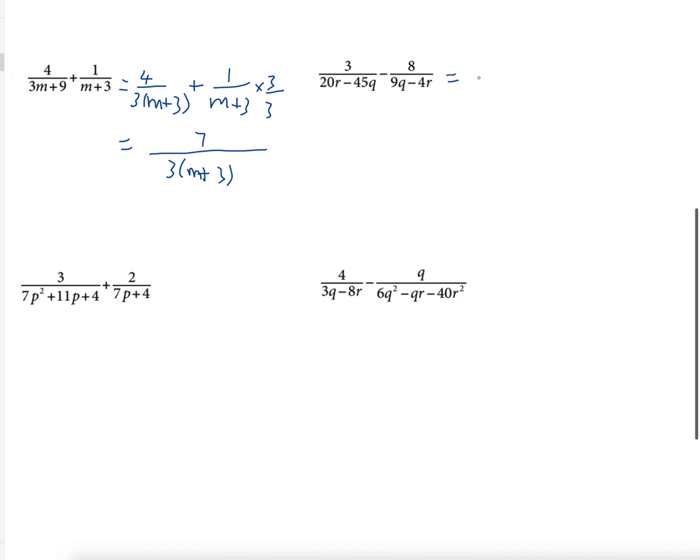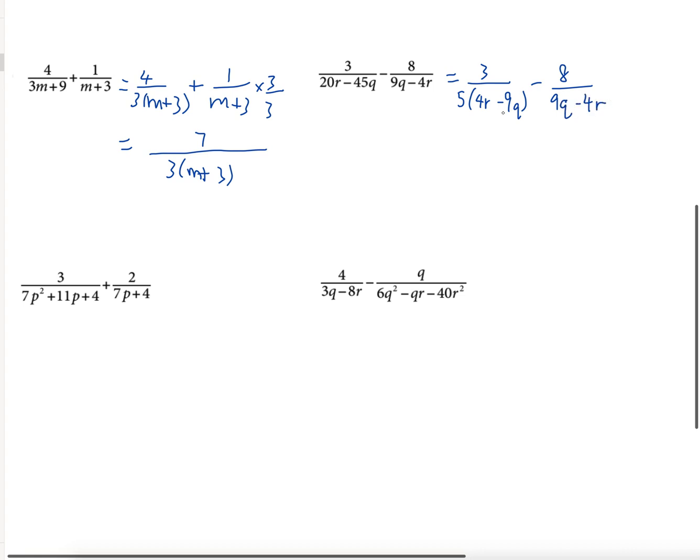Okay, factorize the denominator. We have 3 over, this is 5 is common, then we have 4r minus 9q, which is the same as this, except that it is in reverse.